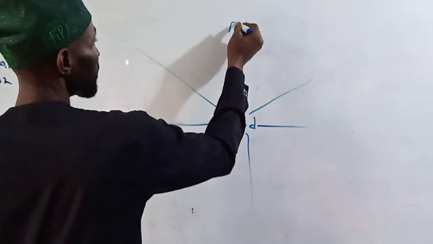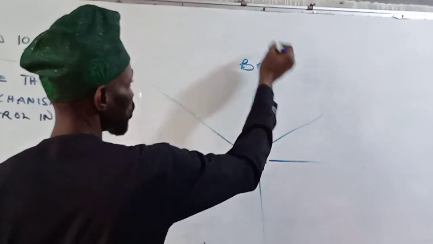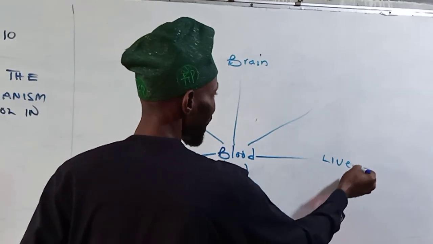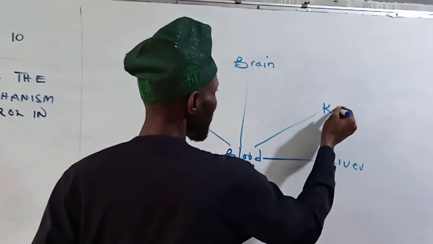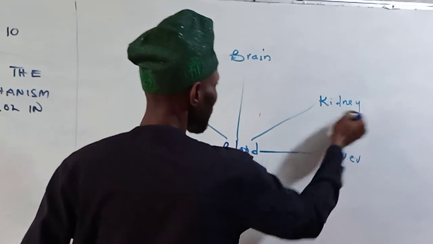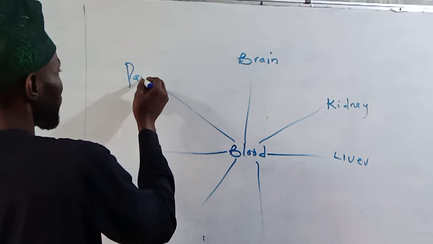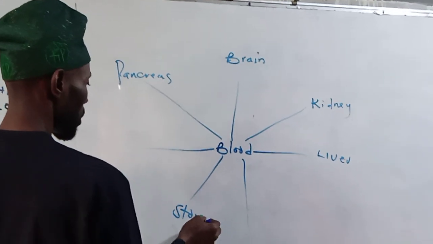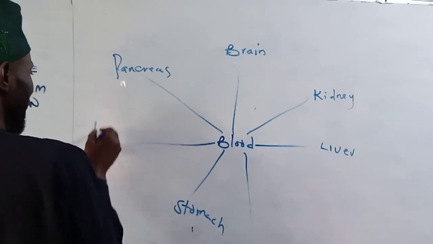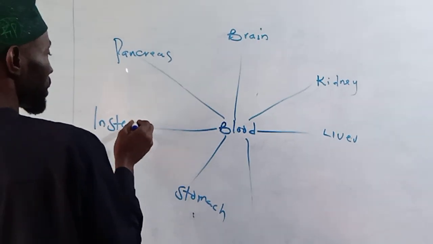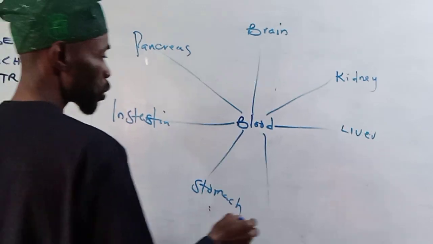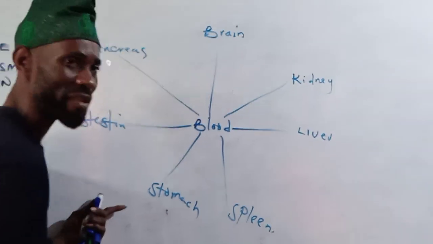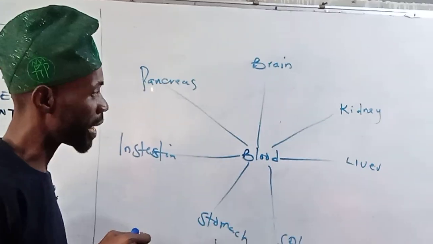Let's say here we have the brain, because there is a blood supply to the brain, blood supply to the liver, the kidney, the pancreas, the stomach, the intestines, and the spleen. So every organ of the body receives its own share of blood supply.